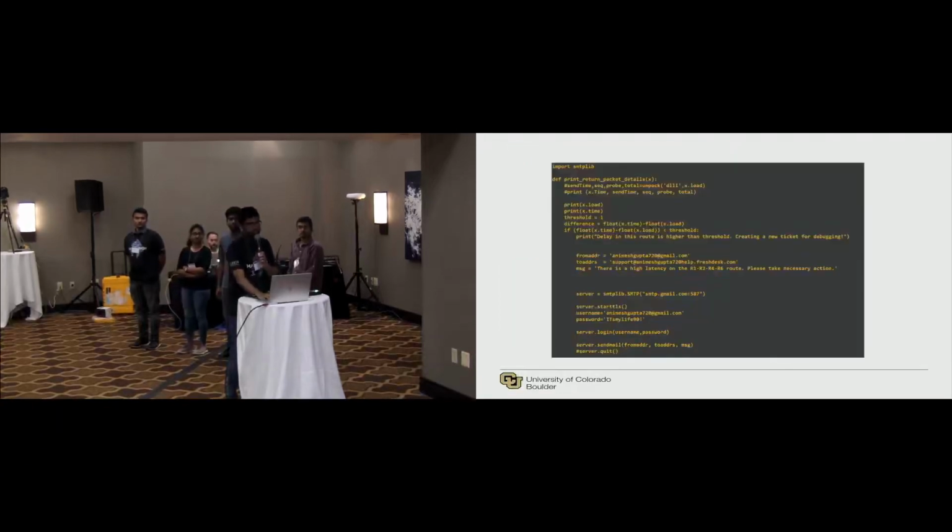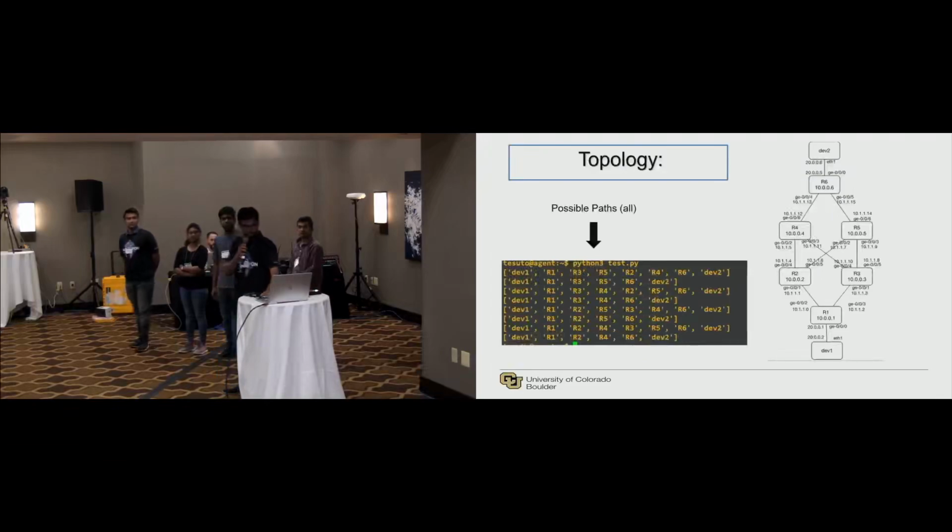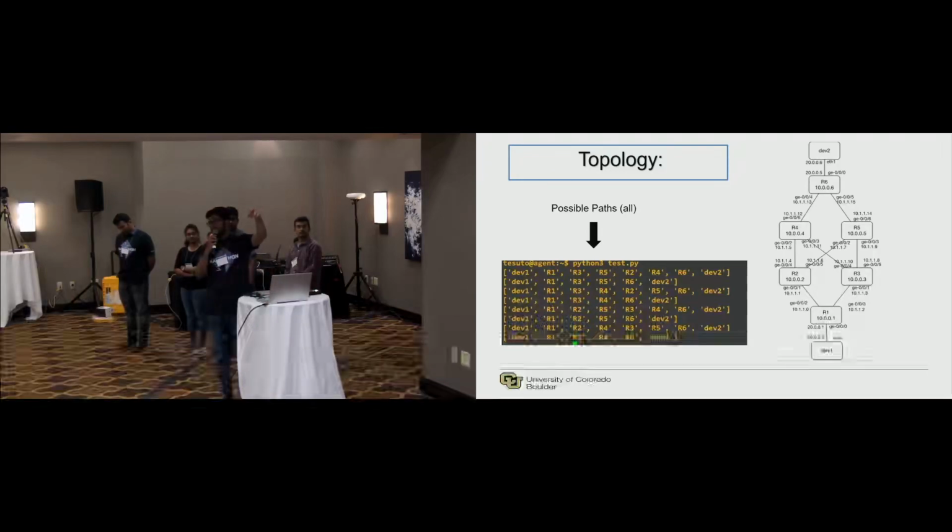So this is a code snapshot. This may not be visible to all of you, but here we've used Scapy to create probe packets for each of the routes we found using NetworkX, based on the number of hops. Those probe packets are sent from dev1 to dev2, and a response is received from dev2.